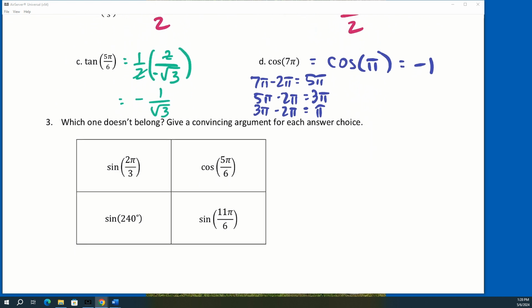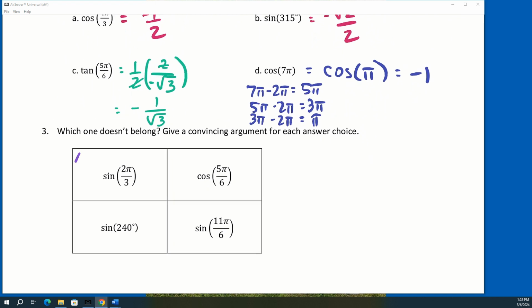Okay, and then on this last one, I want you guys to label A, B, C, D. I want you to find each one of those values, and then you decide which one you think doesn't belong. There's no wrong answer, there's an argument for every one of them, but you decide which one you think doesn't belong.